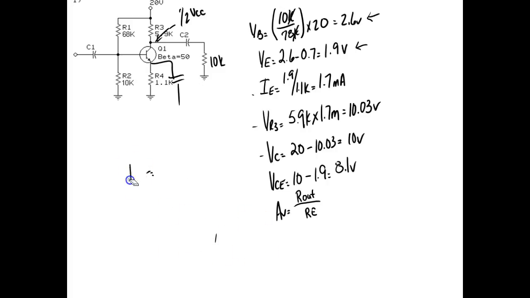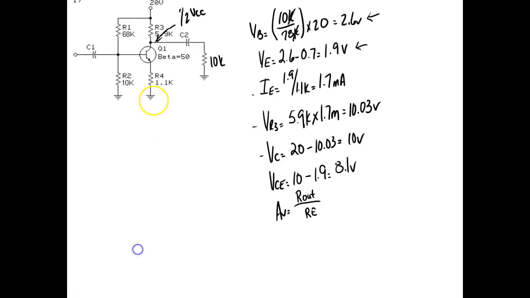When we don't bypass it, we sacrifice gain, but we increase our input impedance. If we bypass it, we get a lot of gain, but we sacrifice input impedance, right? So whatever's driving a bypassed transistor has to be able to provide more current than an antenna can. Is that okay? Understand?